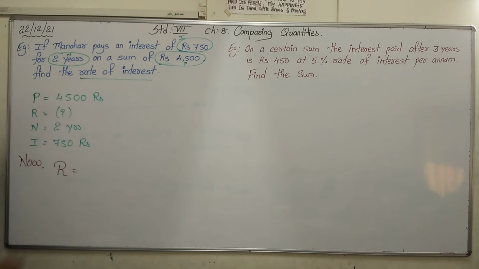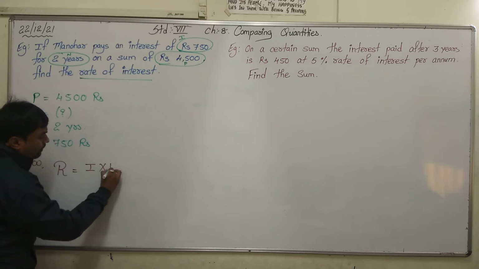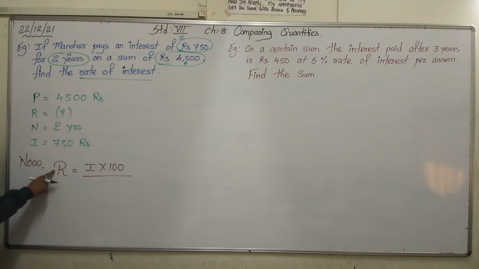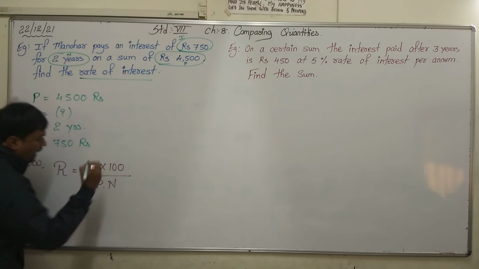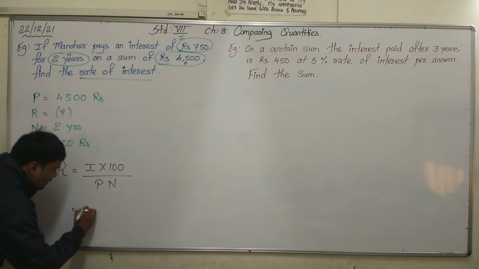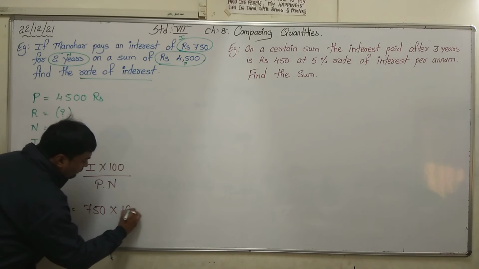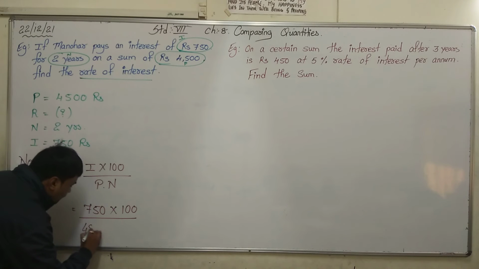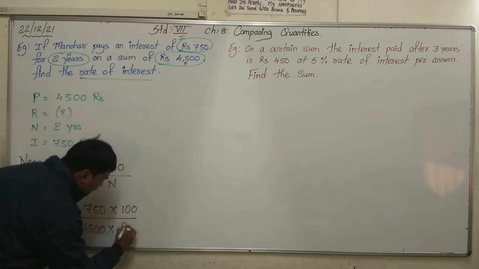R, rate of interest, is equal to I multiplied by 100 upon principal into number of years. So what will be the denominator? P into N. Just replace the values. That is equal to 750 multiplied by 100 upon principal 4500 multiplied by number of years 2.